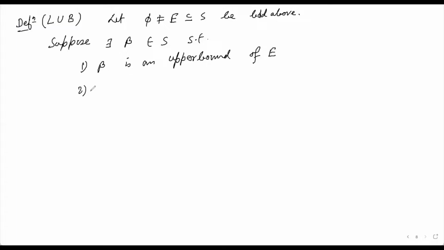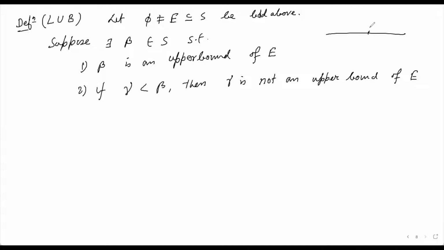That is, if gamma less than beta, where gamma is in S, then gamma is not an upper bound of E. That is, suppose this is beta.